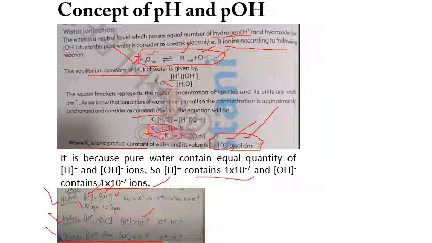Similarly, for basic, the OH ion is greater than the H plus ion. Therefore, the H plus ion is less than 10 power minus 7. Less than means 10 power minus 8, 10 power minus 9 will be the concentration of H plus ion in the basic solution.